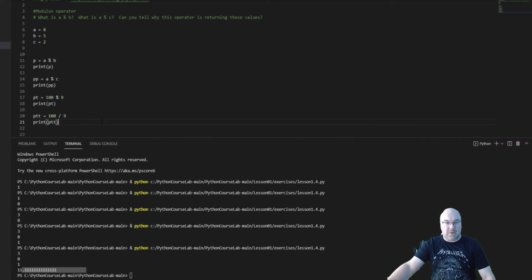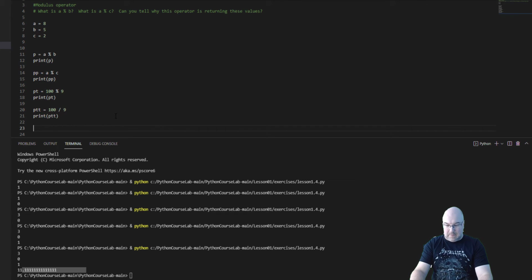Okay, so another example. Let's say 14 modulo 12.